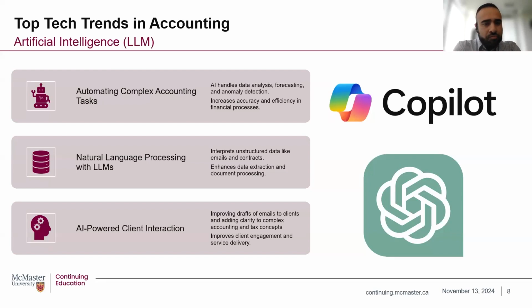Natural language processing with these LLM tools is great for interpreting unstructured data, so you can feed it a bunch of emails from a client and summarize what the issues are, what questions they have, and how to address things. Those are some of the main things AI is doing right now.